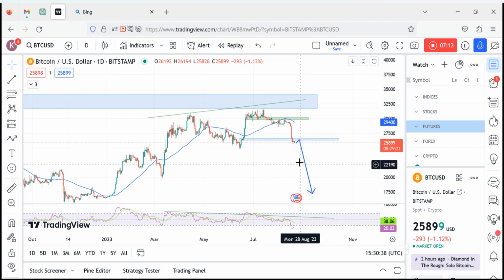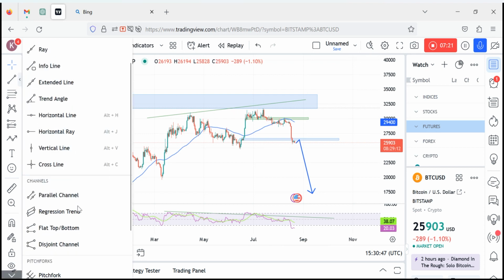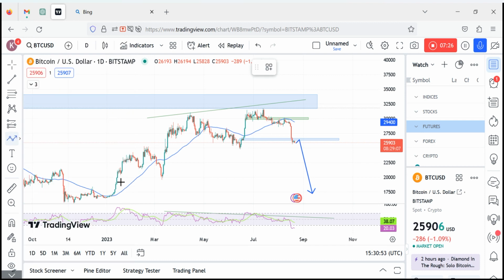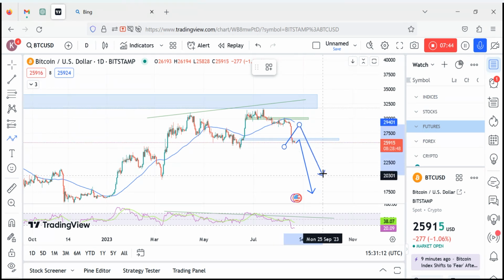So the market will retest it and then drop down, or the market can even go up high, even to these levels, and then drop down again.